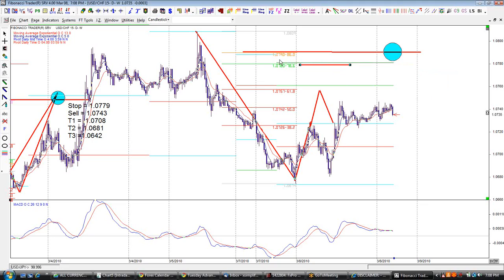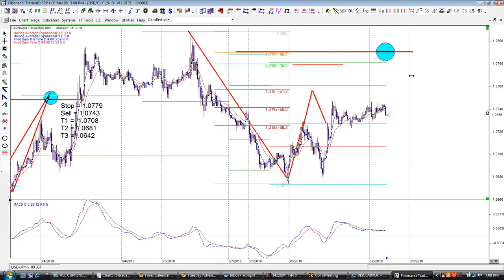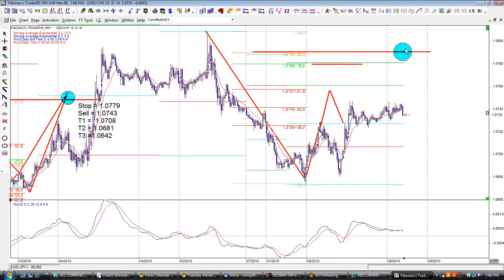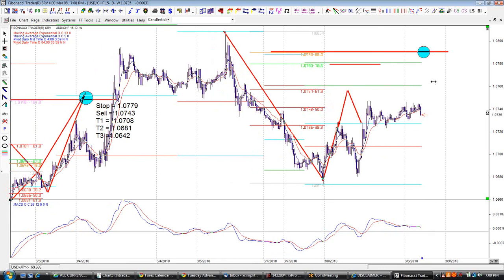So if I had two convergences, I would use the one with the pivot point, and most likely I will want to confirm this one since it's the 786 with a candlestick formation, in case the market tries to give us an entry on the 86. So we can be covered both ways.